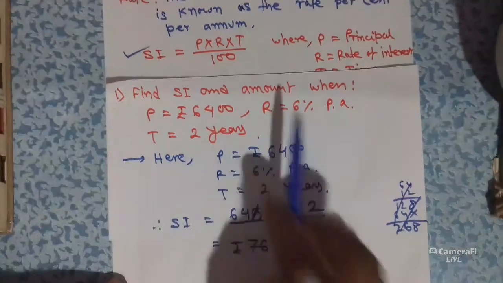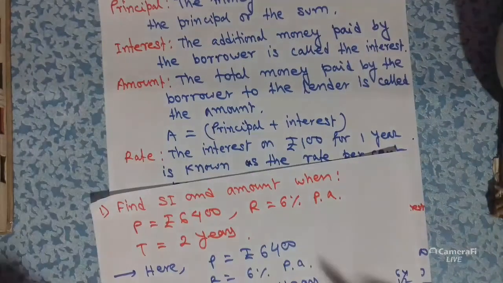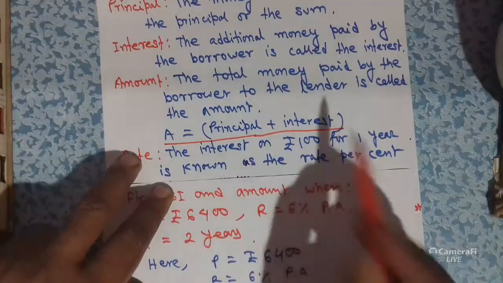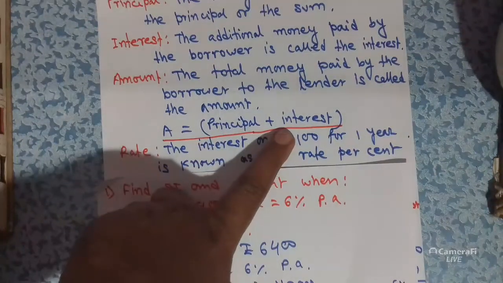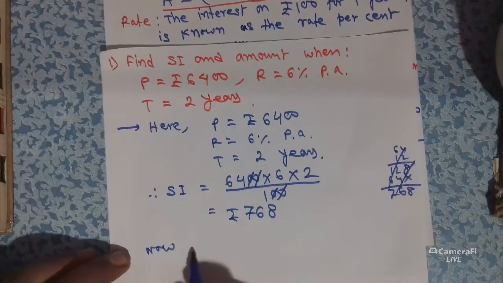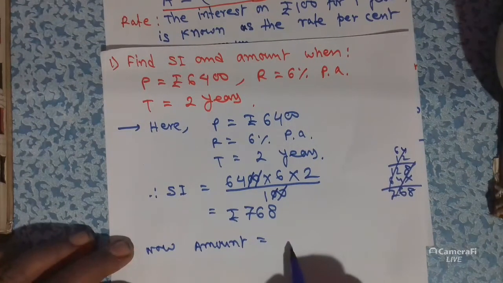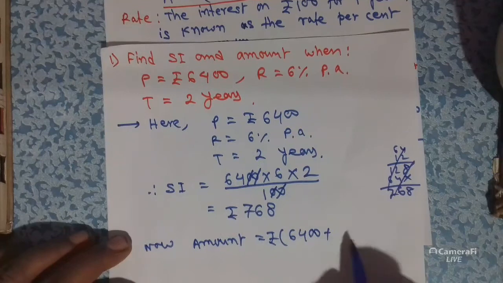Now we have to find amount. As I told before, amount is equal to total money, that means principal plus interest. So amount is equal to principal plus interest. Principal is 6400 and interest is 768.